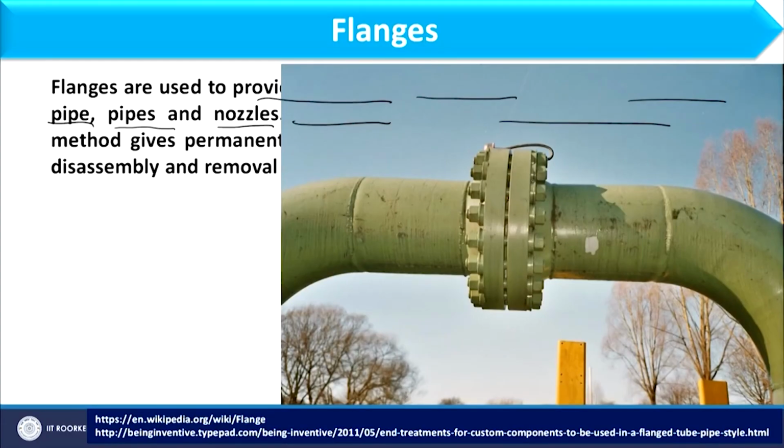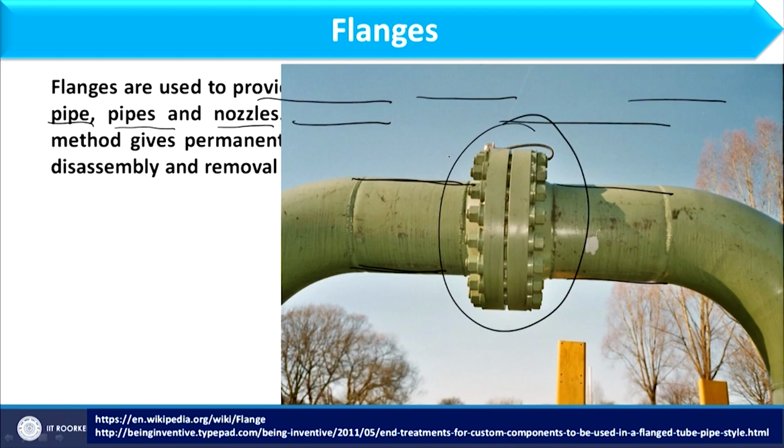If you focus on this image, you see that this section of pipe as well as this section of pipe both have the same diameter, and this connection is basically called a flange. So, what is a flange? A flange is basically a disc type of structure which is welded over the pipe, and flanges are usually made as a pair. If this is one disc, this would be another disc.